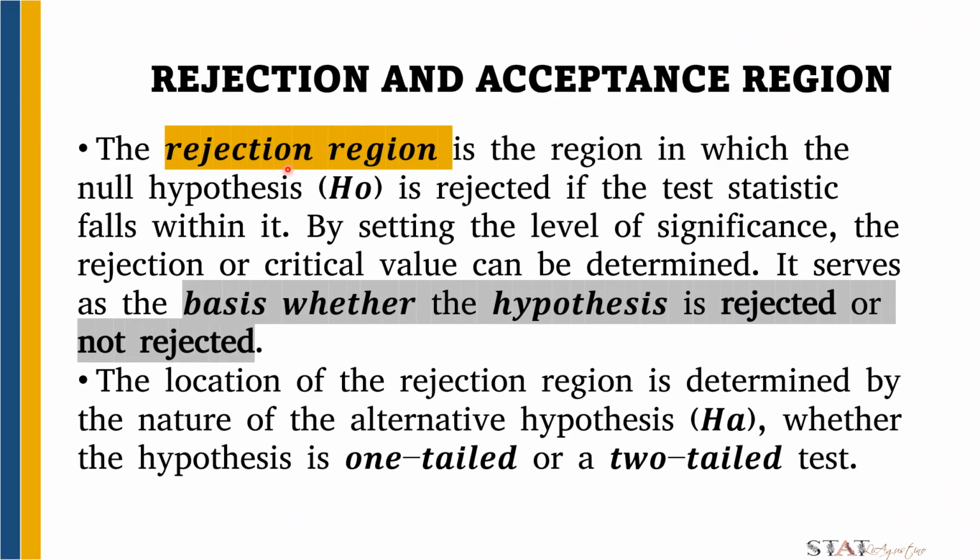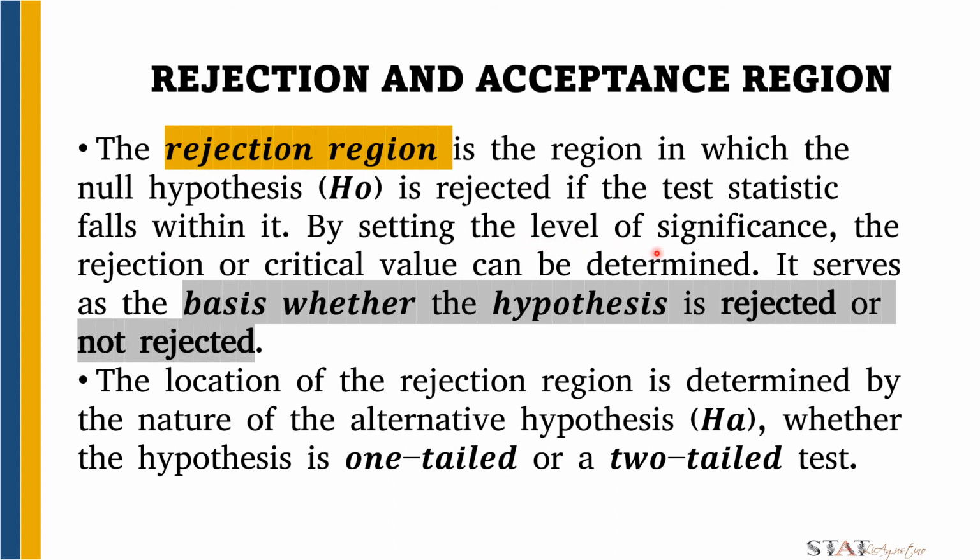So what is this critical region or rejection and acceptance region? In your hypothesis testing, you should have your region where you would accept your hypothesis or reject it. So you need to have this rejection and acceptance region. The rejection region is the region in which the null hypothesis H0 is rejected if the test statistic falls within it.